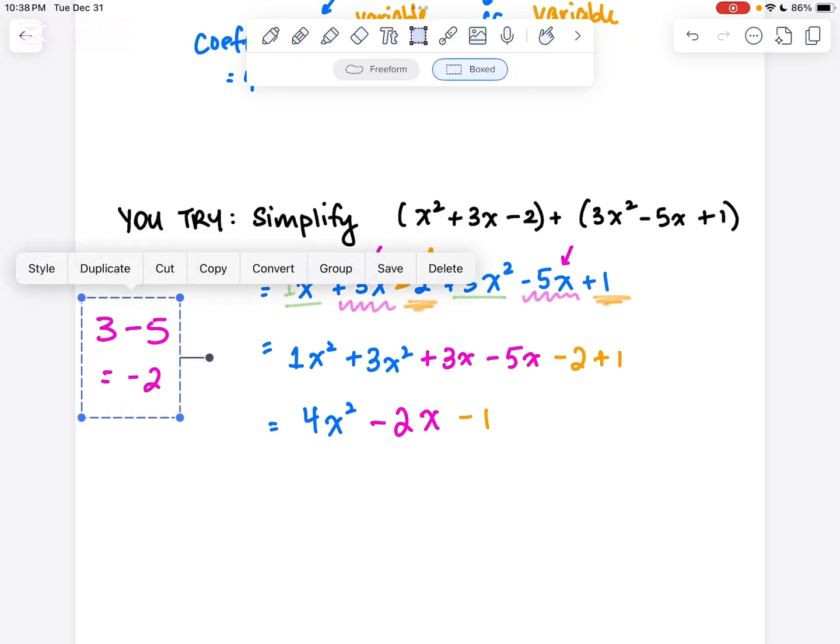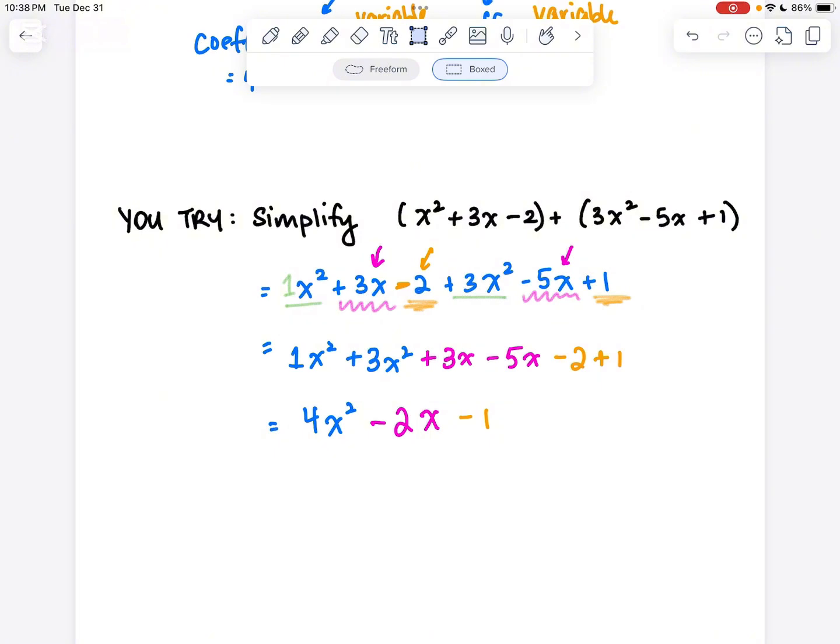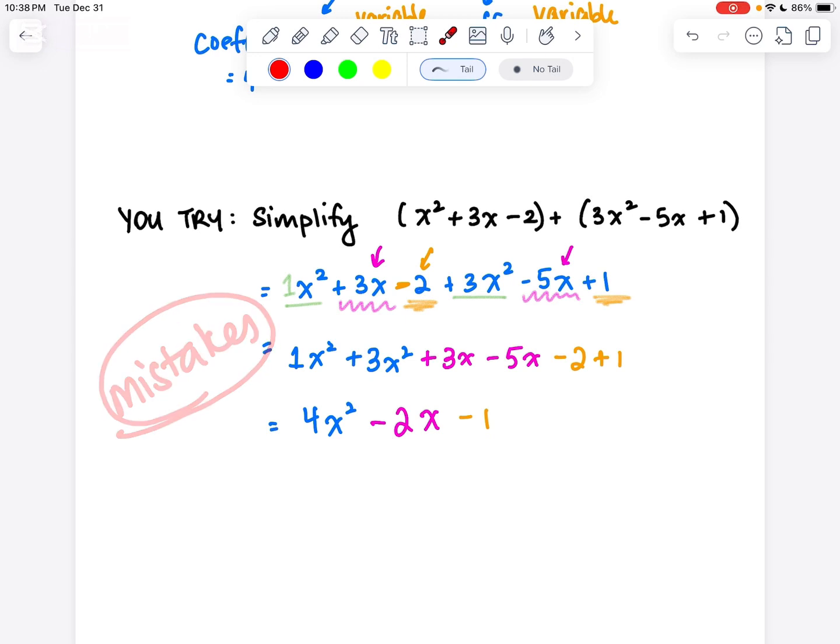All right, so hopefully you got that right. Now, if you didn't, and that's okay, I want you to take note of where you went wrong. So ask yourself, where did I go wrong? For example, maybe I made a mistake here. Do I know why I went wrong? If you do, great, move on. If you don't, ask someone, watch a video. But you basically want to make use of all of your mistakes.